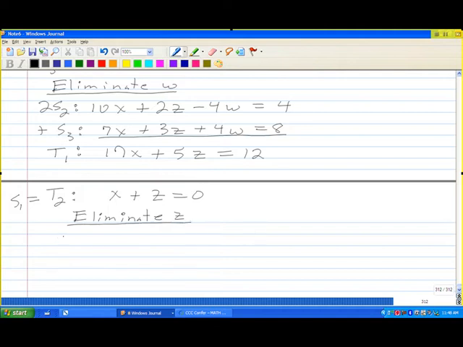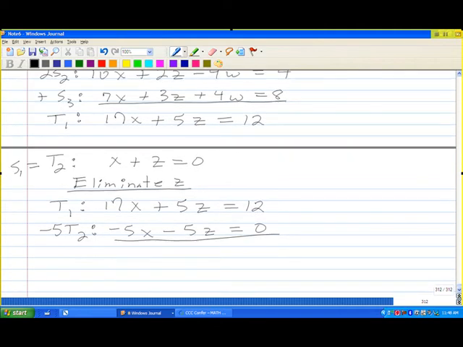And so let's do T1, 17x plus 5z equals 12. Multiply the second equation by -5. So -5x minus 5z equals 0.